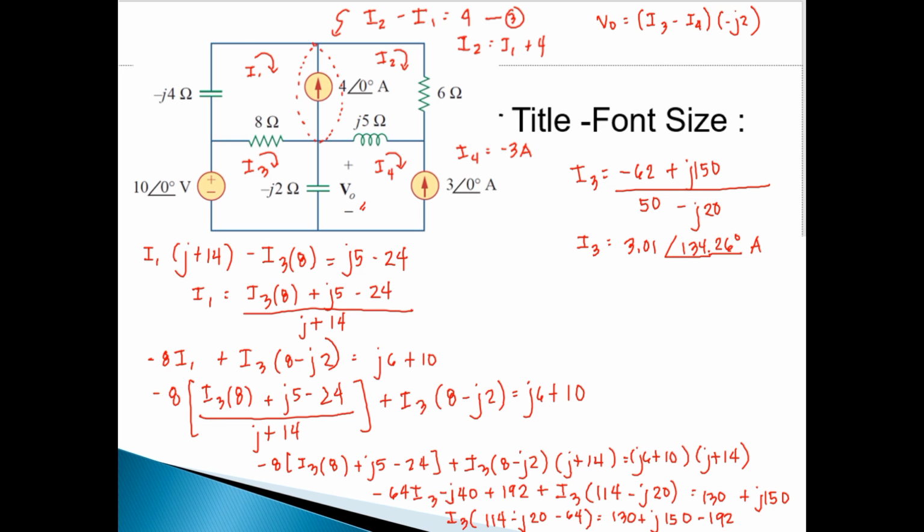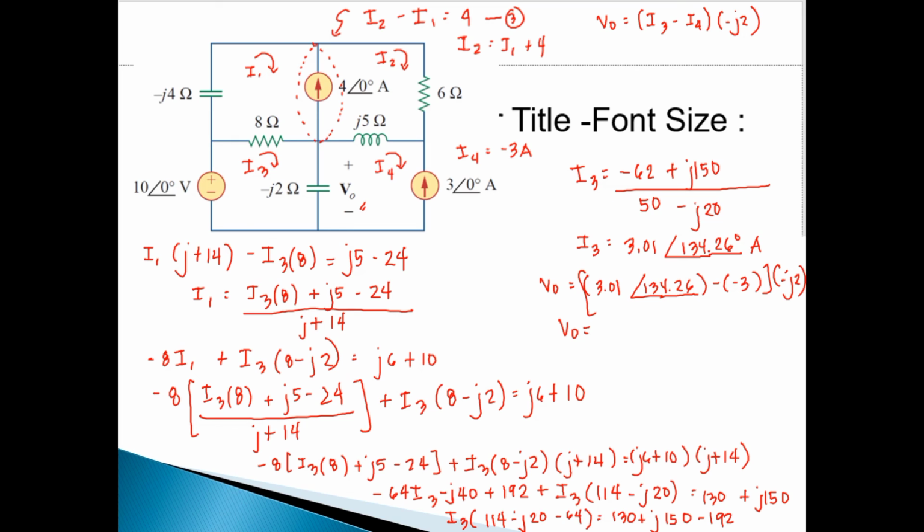So VO is equal to 3.01 angle of 134.26 minus negative 3, multiplied by negative j2.